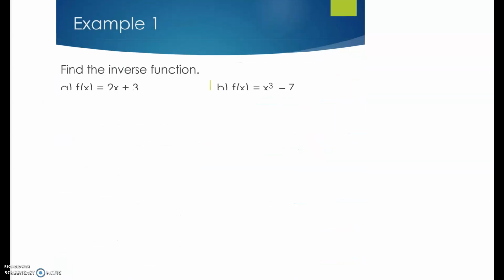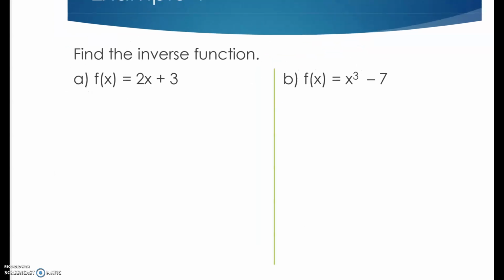So here's our first example. Our very first one is f of x equals 2x plus 3. Your first step is that f of x is really a y equals. So we have y equals 2x plus 3. We're going to switch x and y. So y becomes x and x becomes y.